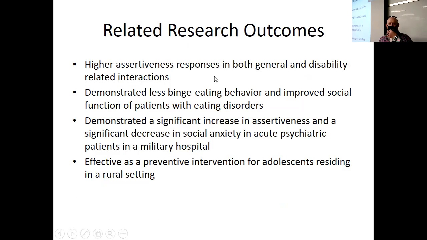Research has shown outcomes of higher assertiveness responses in both general and disability related interactions after assertiveness training. Less binge eating behavior has been demonstrated, and improved social function of patients who have eating disorders, through assertiveness training. I'd have to look into that a little deeper.